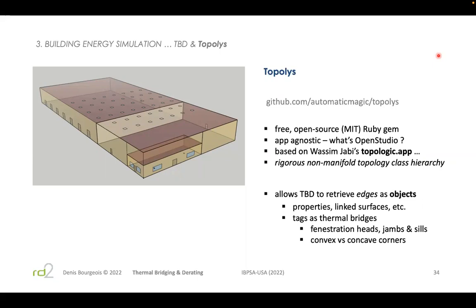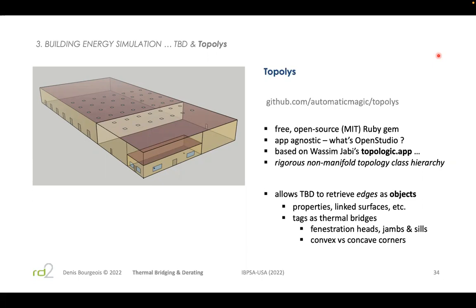So we infer generally the existence of an edge, and that edge could become a linear thermal bridge simply by the existence of 2 vertices, and we infer that's an edge. But we can't attribute characteristics or properties to those edges because they're not objects in memory.